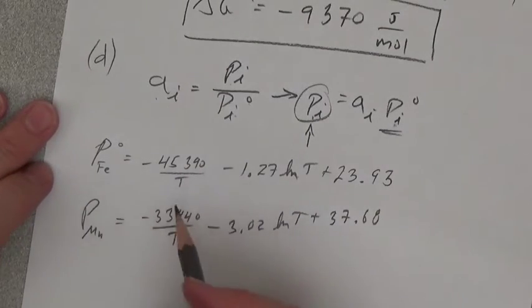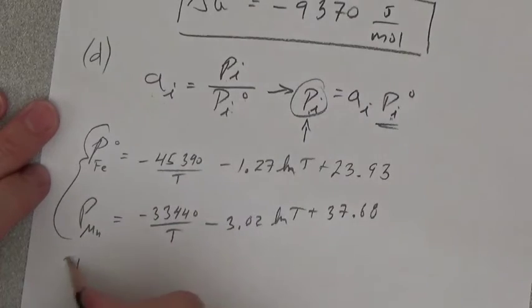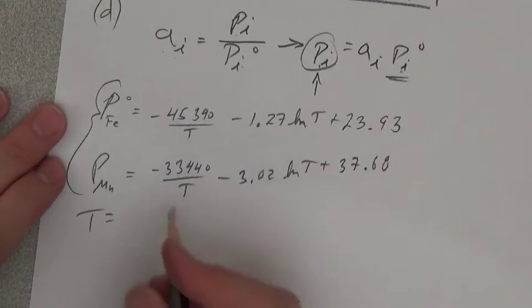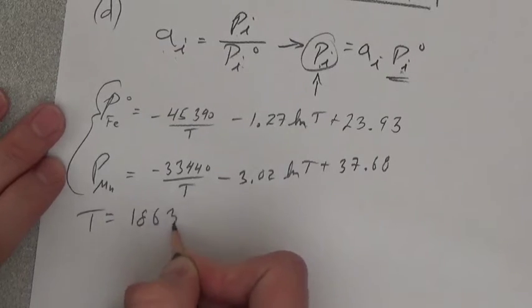And for both of these, T is equal to 1863.